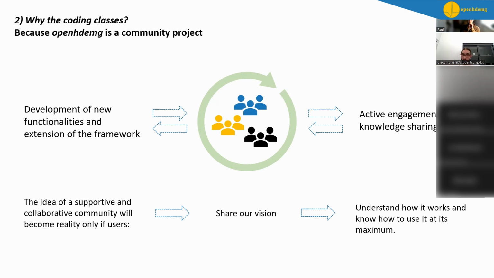So this is the idea of a community, but we want to go a step further because we want to create a collaborative community. To create a collaborative community, we need to share the vision, which is, of course, to simplify the analysis of motor units properties for everybody. But we also need the users to really understand how the whole project, and in this case, for what we are doing today, how the library works.